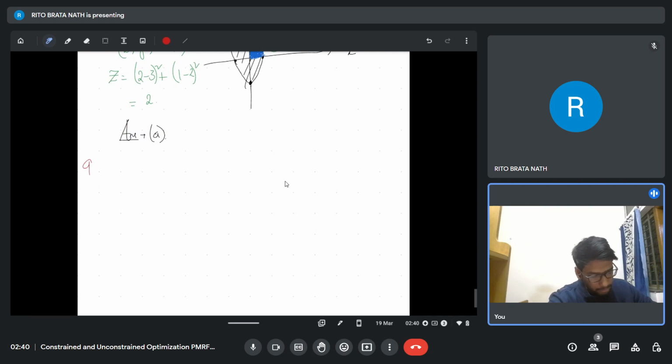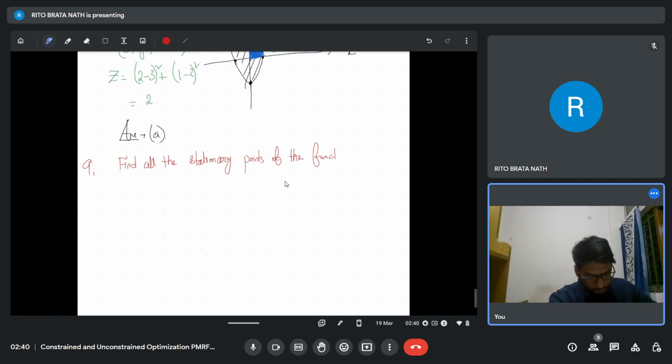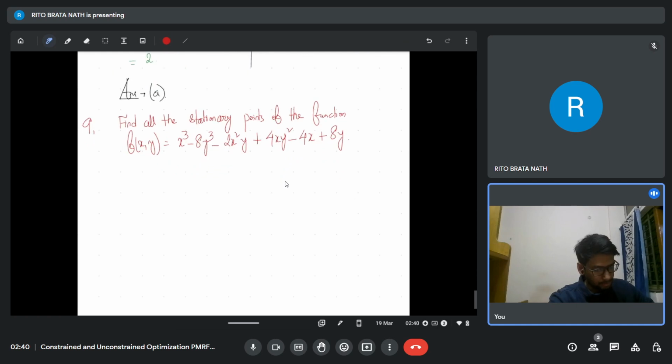The ninth problem tells you to find all the stationary points of the function f(x, y) equals x cube minus 8y cube minus 2x square y plus 4xy square minus 4x plus 8y. Now let me solve this problem.